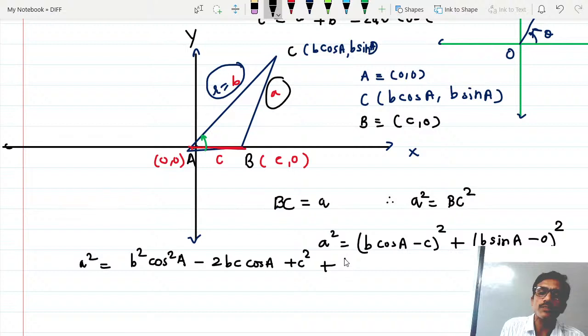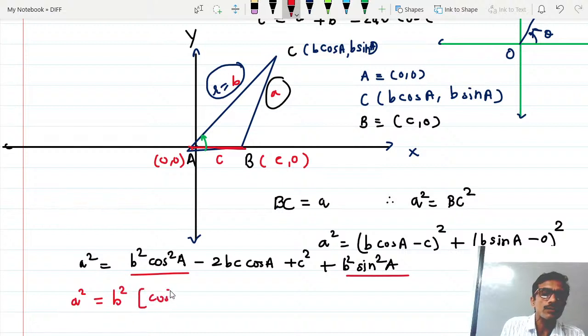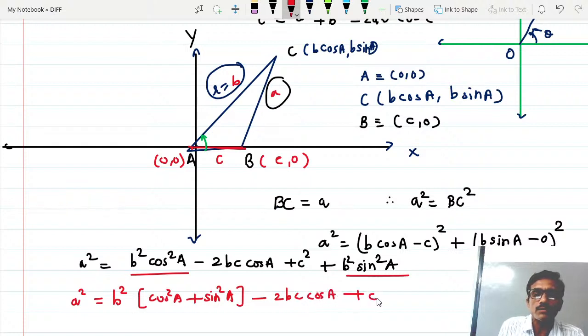The expansion of the second bracket is B square sin square A. Now we will collect B square cos square A and B square sin square A. So a square is equal to B square common, (cos square A plus sin square A) minus 2BC cos A plus C square.